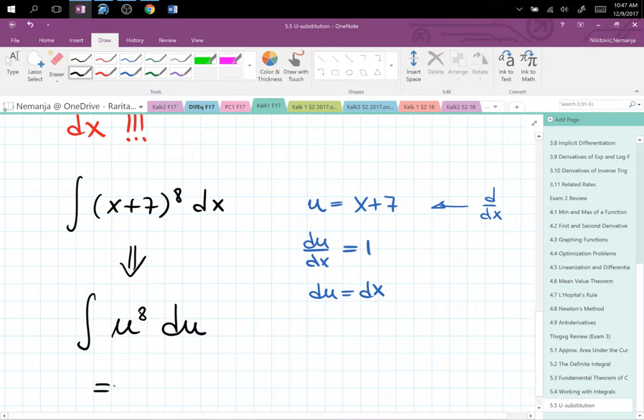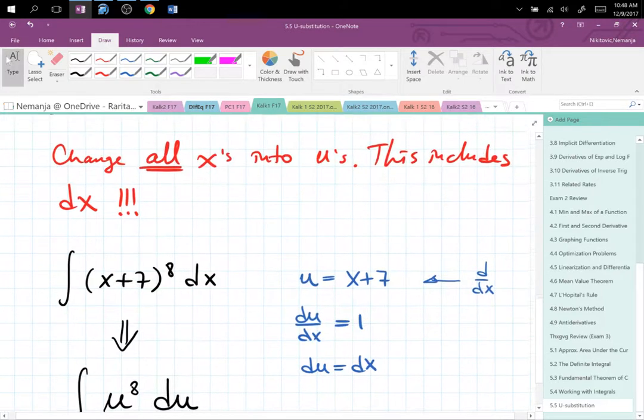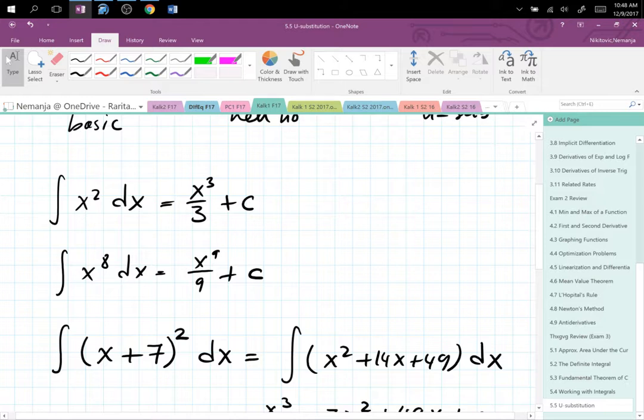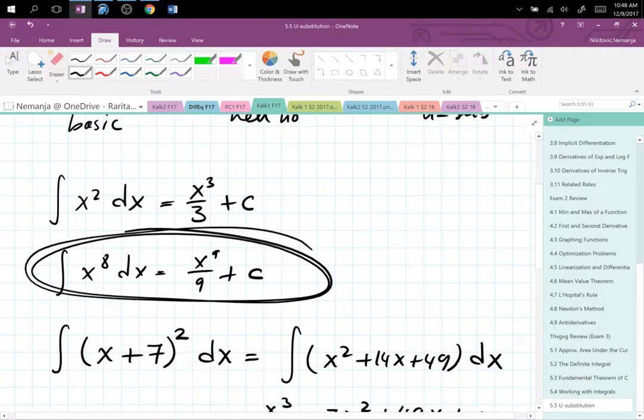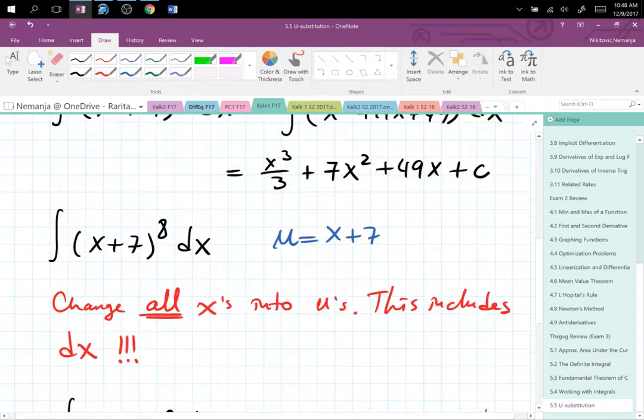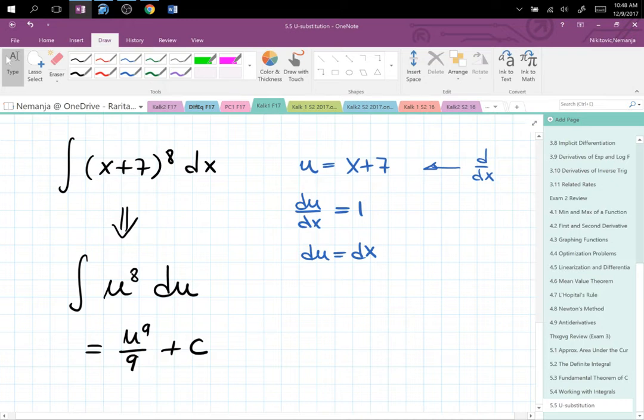Now this is easy. u to the 9 over 9 plus c. Right? Solve it like that, because it's just a basic polynomial, which we know how to solve from our good old 4.9. Whether you're integrating u to the 8 du or x to the 8 dx, doesn't matter, right? So we know how to solve this.